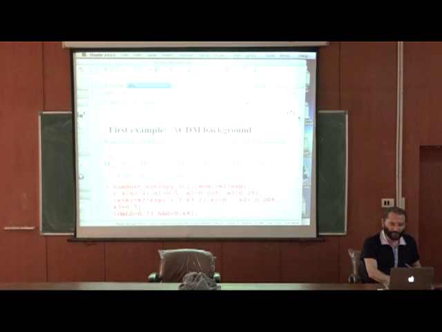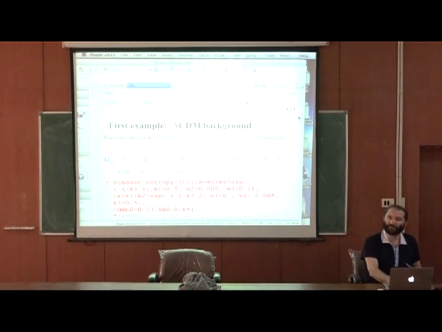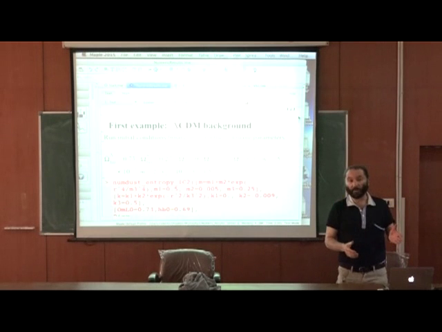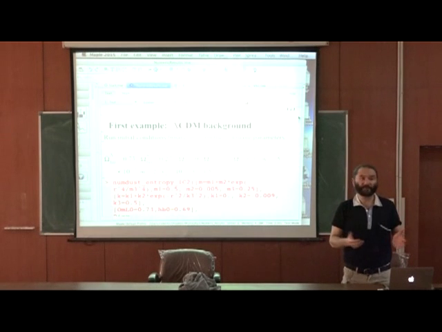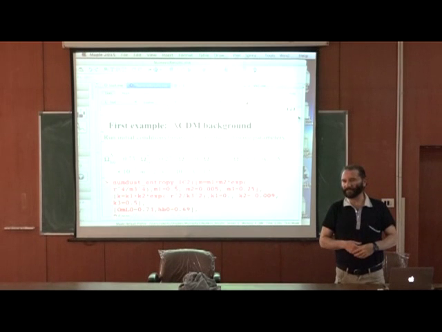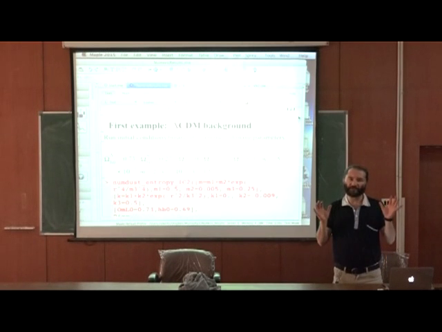Okay, now, first example. First example, we assume a lambda CDM background. This is important because this will help us. In fact, what's the difference when lambda CDM? Well, the cosmological constant is non-zero. And also, spatial curvature has to be chosen so that it goes to 0 at infinity, if you choose this background.